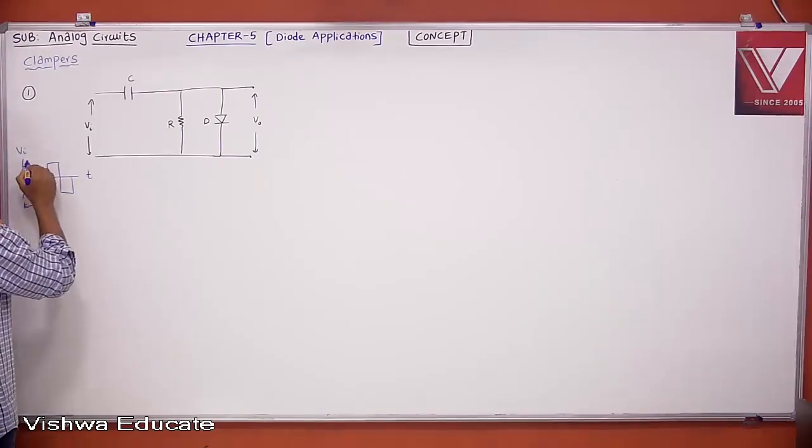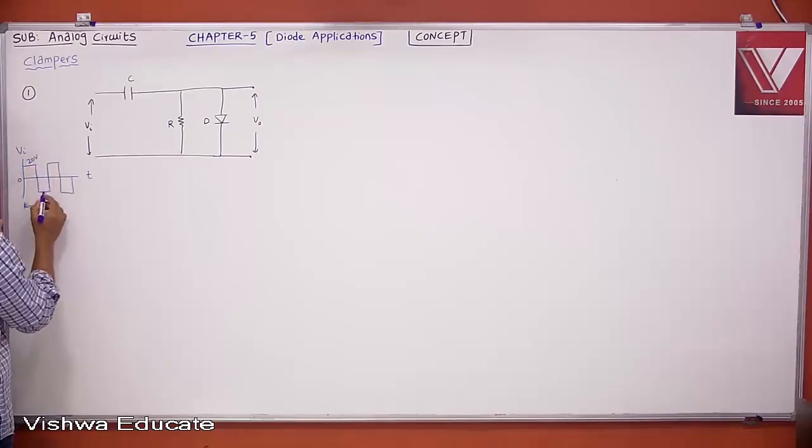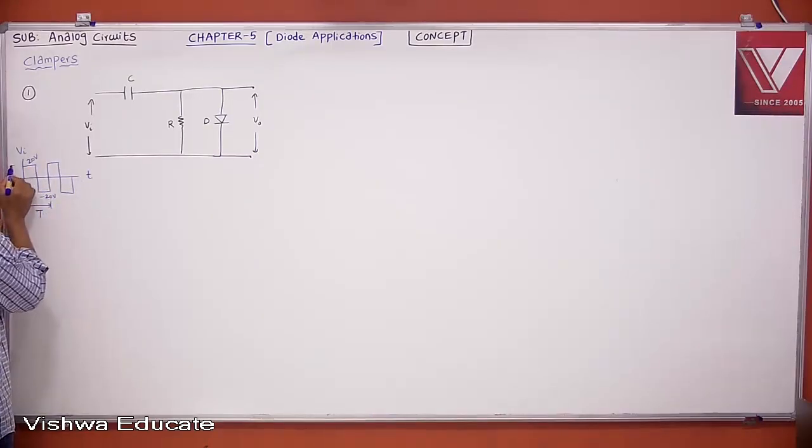Let us say it has 20 volt and minus 20 volt. Then tell me, what is your input peak to peak? That is 40 volt peak to peak. Or you can give 10 volt plus minus 10 volt, anything. I am just taking one example. Therefore it is 20 volt and then minus 20 volt, and the time period.